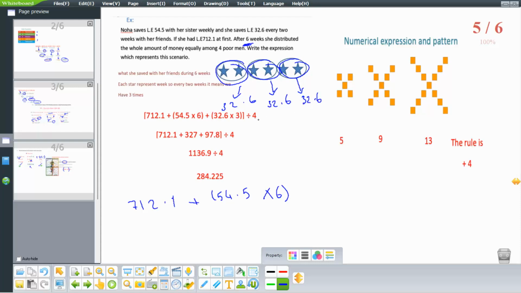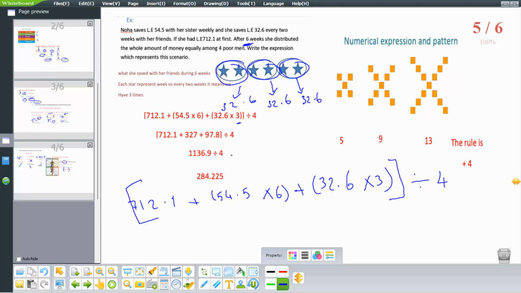So she saved 32.6 times how many? Times 3, not times 6. So here we will add 32.6 times 3. And after that, all of this she divided among four poor men.